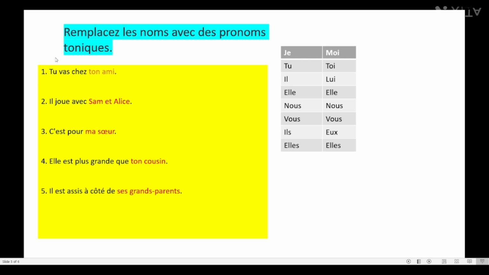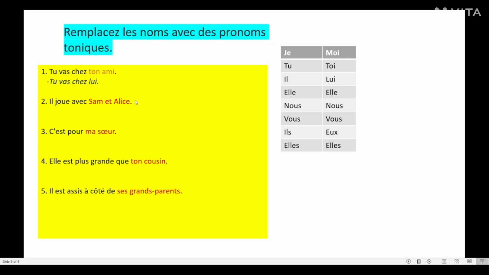Here ton ami is the noun. We have to replace this noun with a pronom tonique. Ton ami means il. So our answer is tu vas chez lui. For il we use lui.